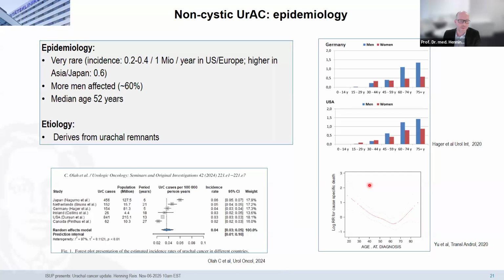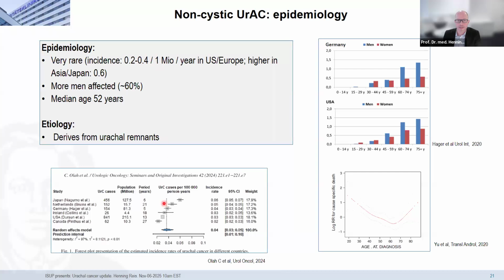Actually, in our group, we performed a meta-analysis of epidemiological studies from the US, Canada, and Europe, and also Japan. The overall incidence is just 0.2 to 0.4 per million person-years.